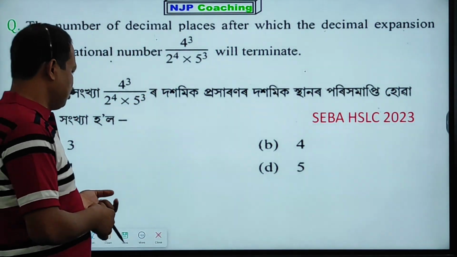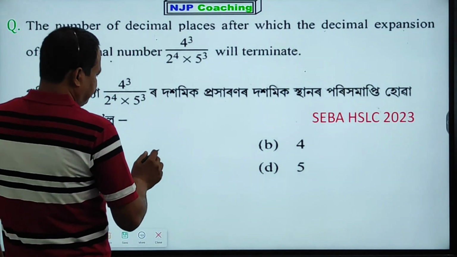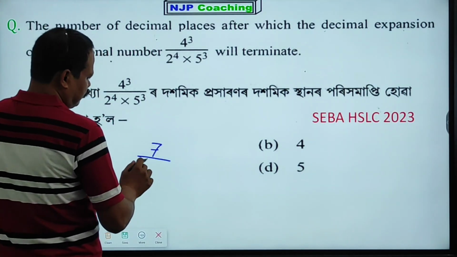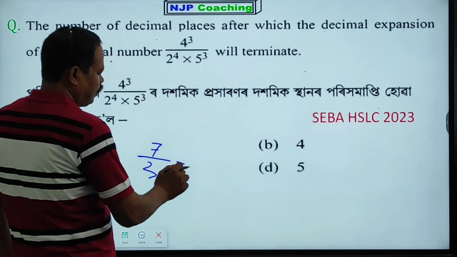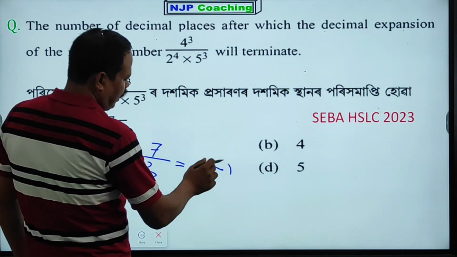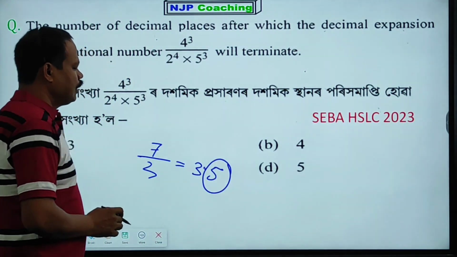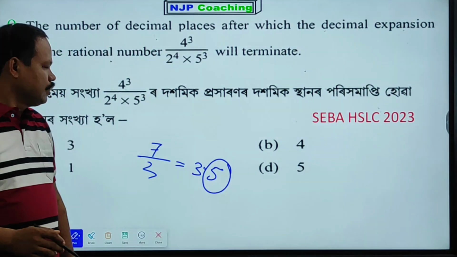Suppose we take just one simple one, 7/2 is 3.5. That means after one decimal place it terminates.